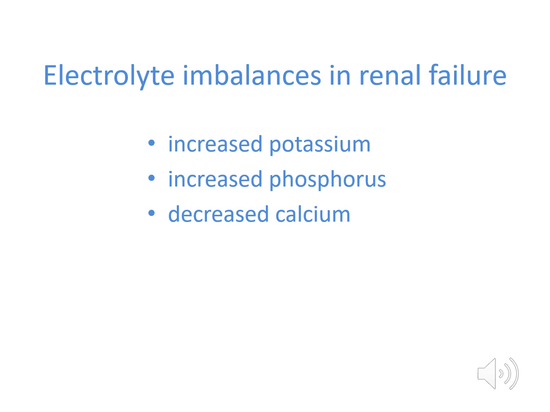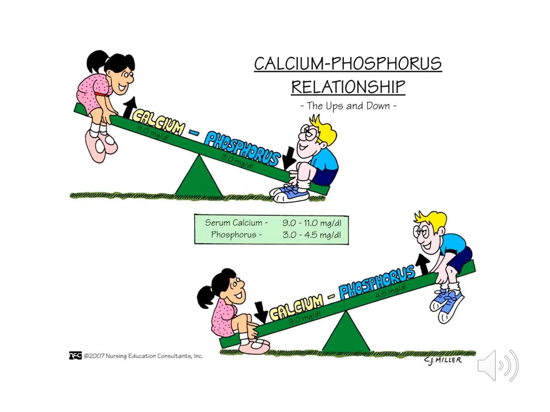Okay, what about phosphorus? Well, the primary reason why we're worried about having too much phosphorus is because you remember that phosphorus and calcium have this sort of inverse relationship, right? When one goes up, the other goes down. So the real reason why we're worried about having too much phosphorus is because it's going to make your calcium levels drop.